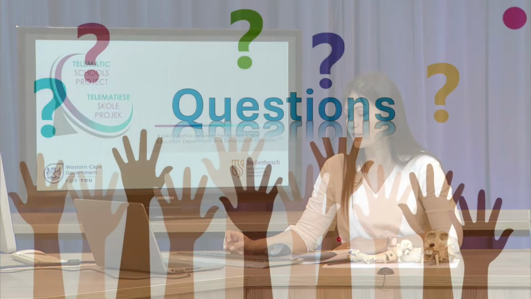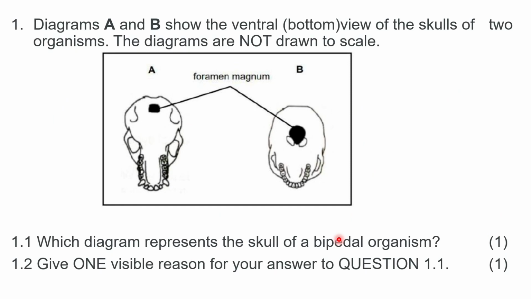Right, the first question. We've got a picture, a diagram A and B, and it is the ventral, the bottom view, and we see that they show 2 openings. Luckily they already labeled it, and they say that it's the foramen magnum, so that's the opening.